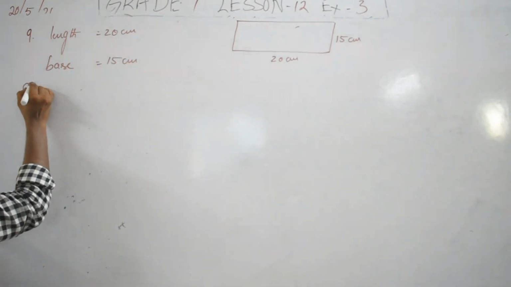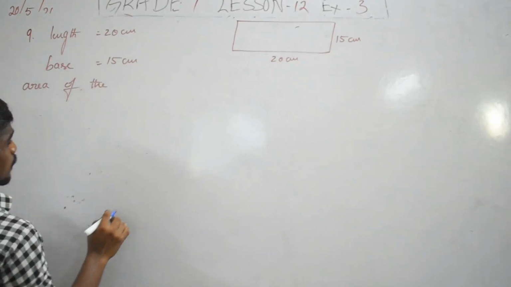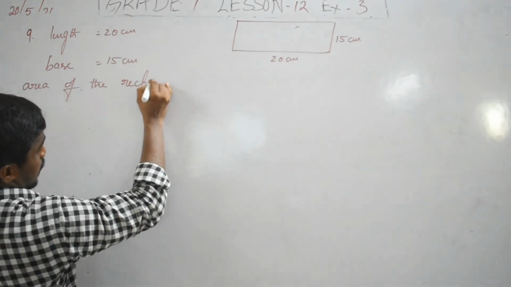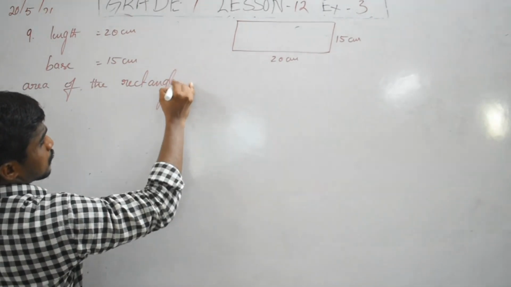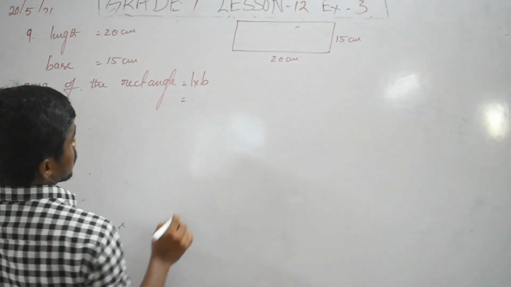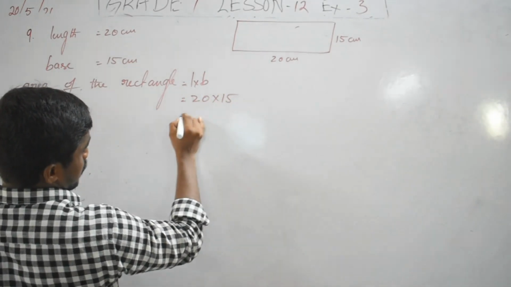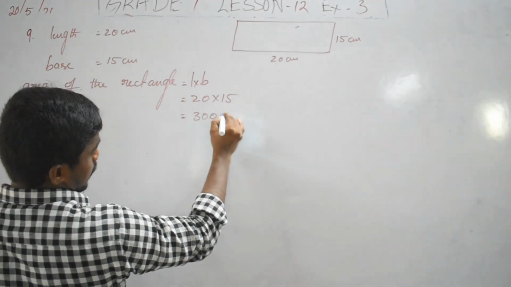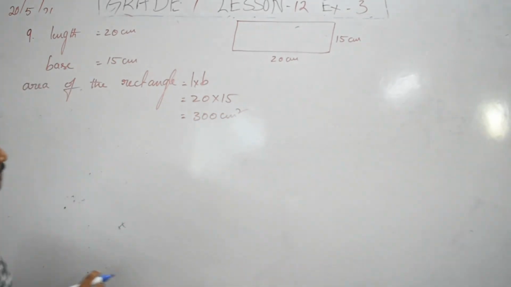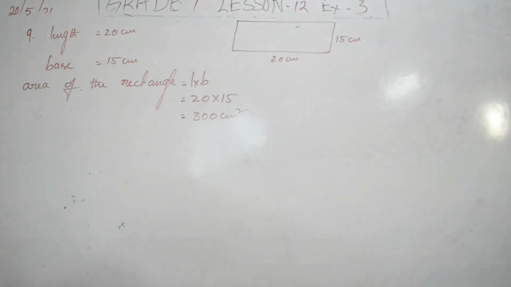So area of the rectangle is length into breadth. Length 20 into breadth 15 is 300 centimeter square. So the area of the rectangle is 300 centimeter square.